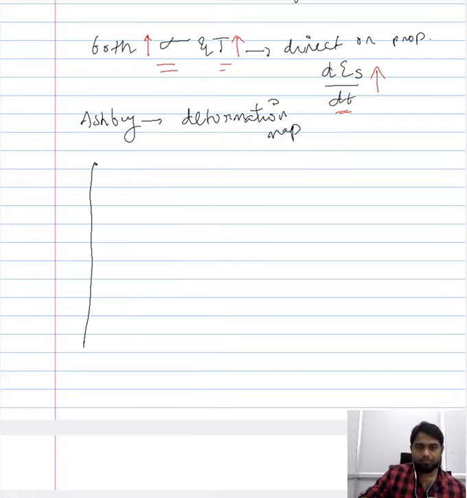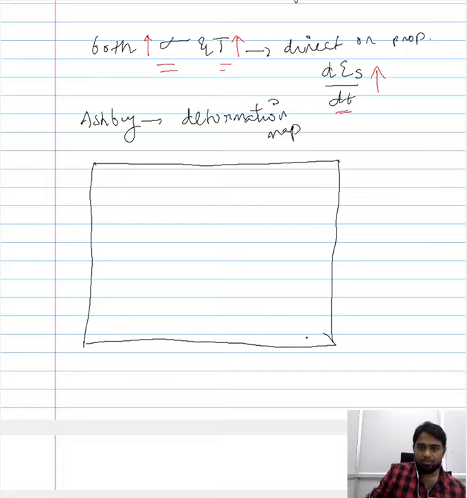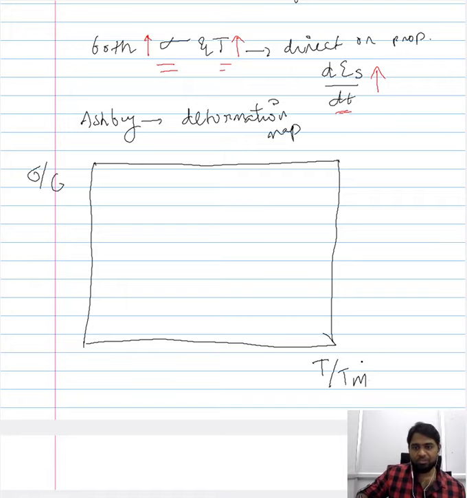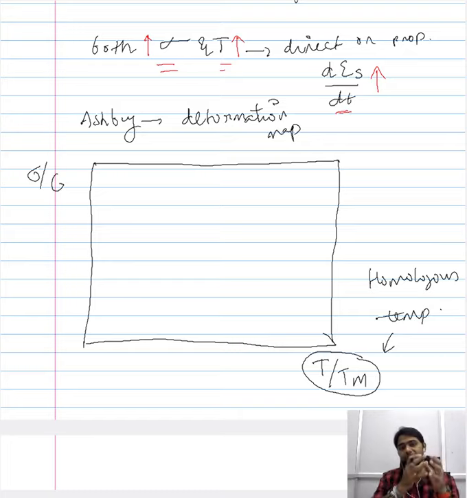So this information is presented in this manner, similar to any given map, you have two coordinates. Along the y-axis, you have the stress, which is normalized by the shear modulus. In the x-axis, you have the temperature, which is normalized by the melting point. So this here is referred to as the homologous temperature, which is nothing but the ratio of the temperature at which the material is operating to that of its melting point.